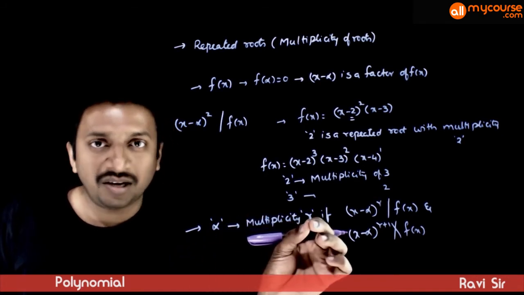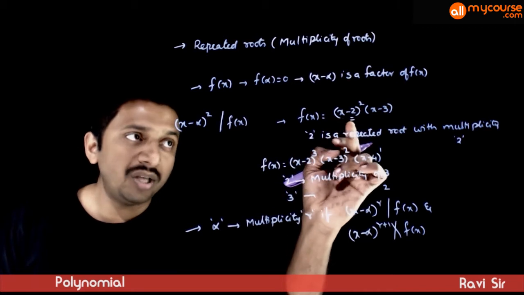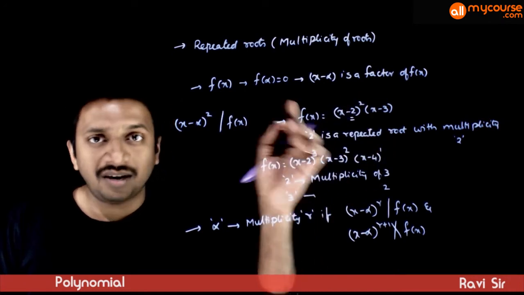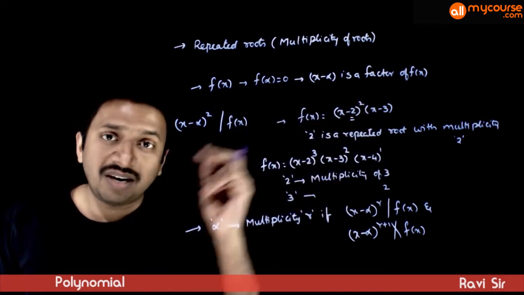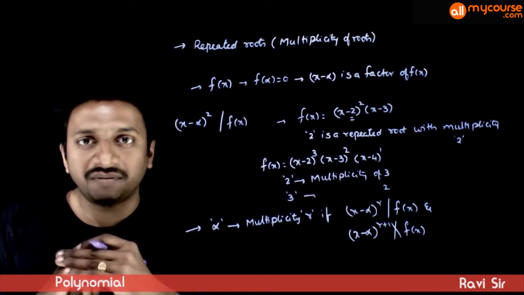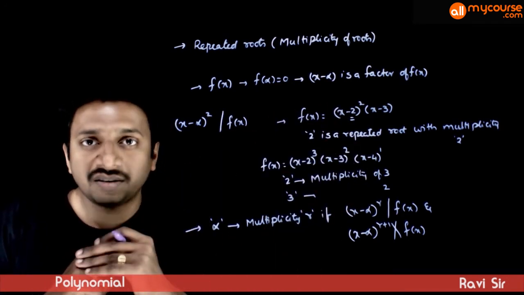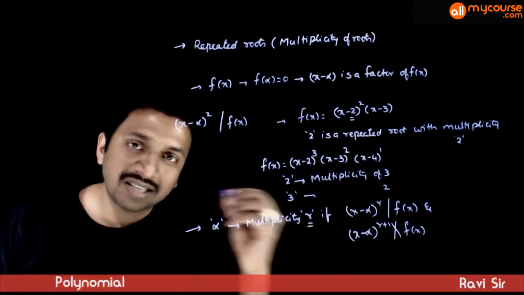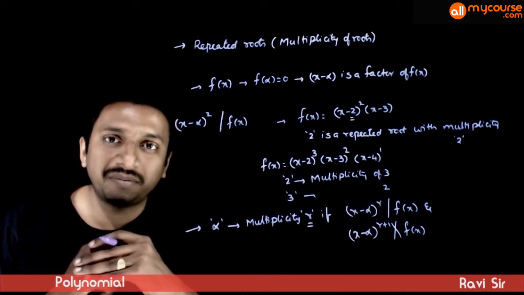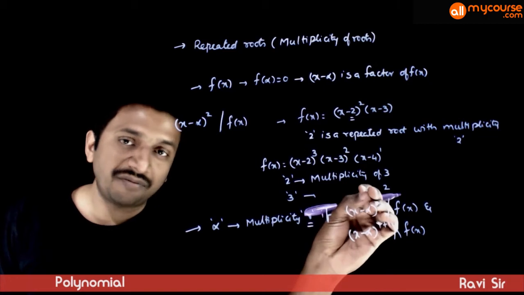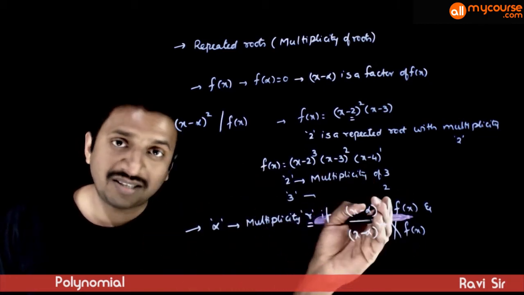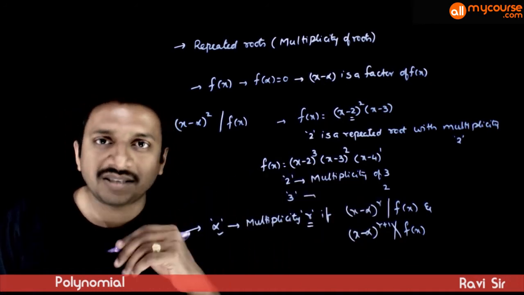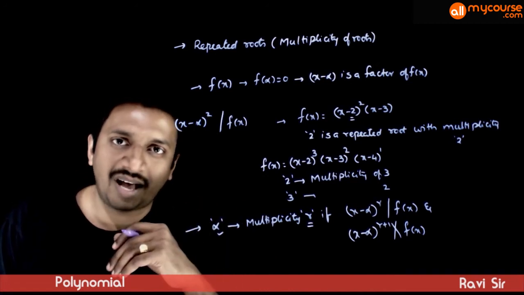For example, 2 is called a root with multiplicity 2 if x minus 2 whole square divides f of x and x minus 2 whole cube does not divide f of x. Because if x minus 2 whole cube also divides f of x, then the multiplicity will be r plus 1. So if the multiplicity is r, multiplicity is a unique number, x minus alpha whole power r divides f of x, and the next power should not divide f of x. Then we say that alpha is a repeated root with multiplicity r.